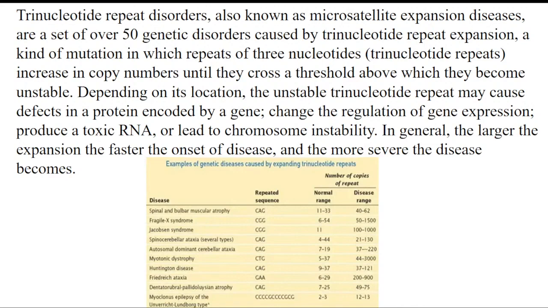Generally, the larger the expansion, the faster the onset of disease and the more severe the disease becomes. Here you see the examples of trinucleotide repeat expansion.